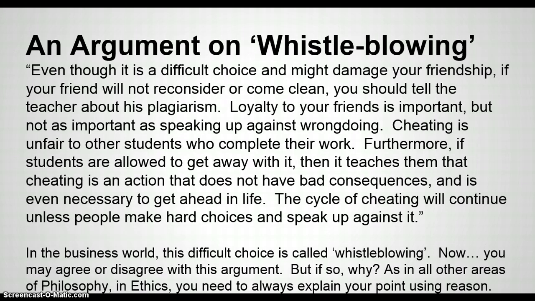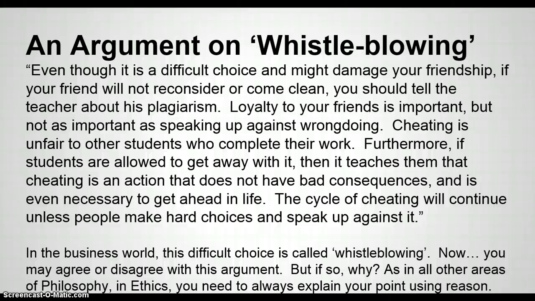Here's an example of an argument that you could give about whistleblowing, which is really what this issue is about. So even though it is a difficult choice and might damage your friendship, if your friend will not reconsider or come clean, you should tell the teacher about his plagiarism. Loyalty to your friends is important, but not as important as speaking up against wrongdoing. Cheating is unfair to other students who complete their work.